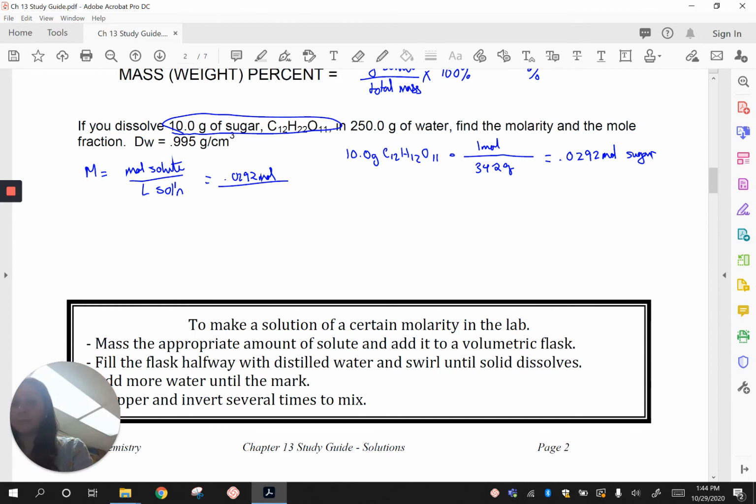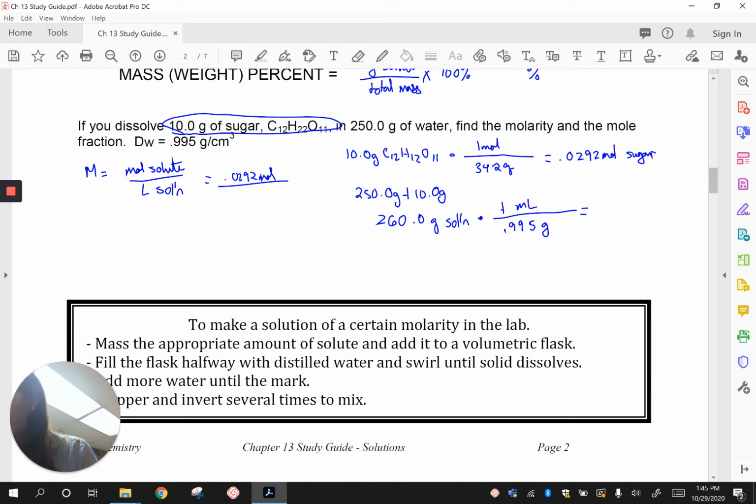So we can get the liters of solution by taking the mass of the solution, so 250.0 grams plus 10.0 grams. That's going to give us a total of 260 grams of solution. They tell us that the density of the solution is 0.995 grams per centimeter cubed, which is milliliters. So I'm just going to do that.